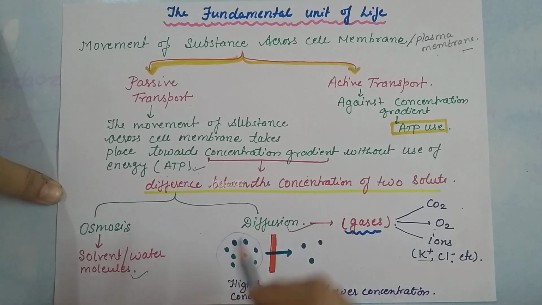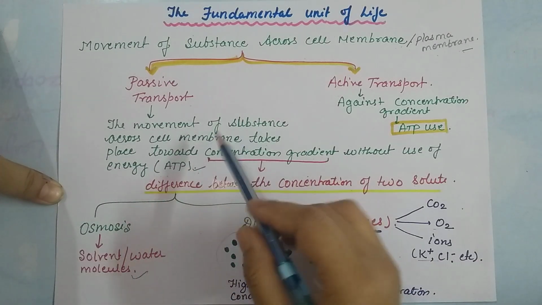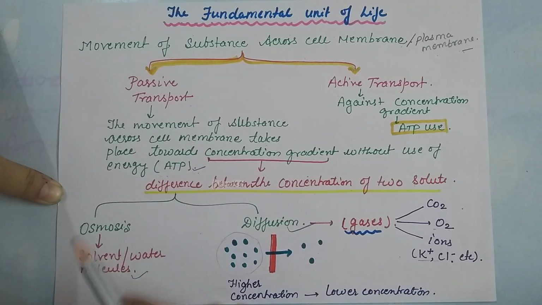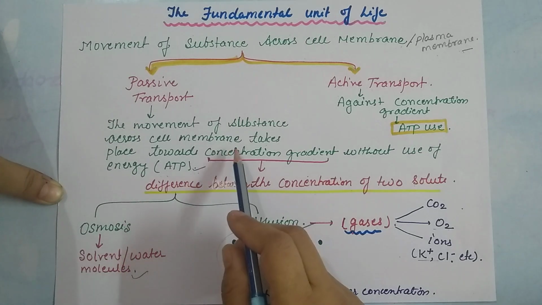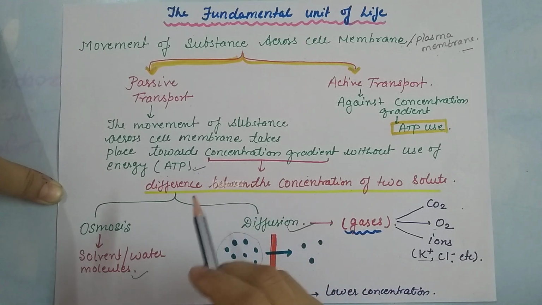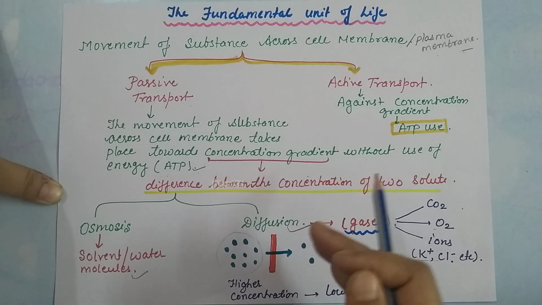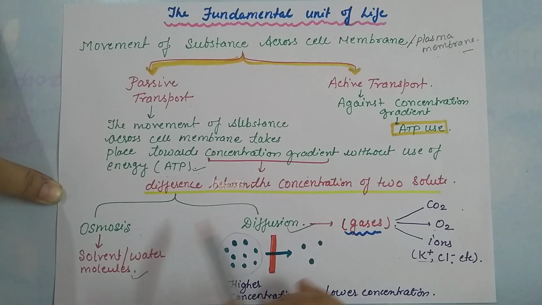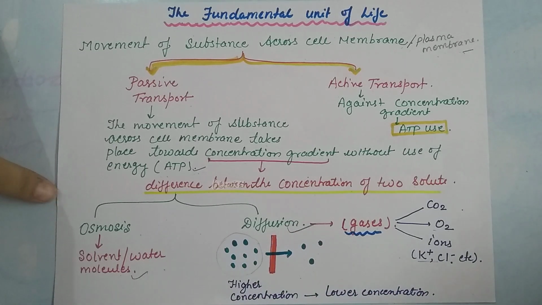So we have understood that in passive transport no energy is used during the movement of substances across the cell membrane, it follows the concentration gradient, and it is of two types, osmosis and diffusion. Diffusion we have understood. Now we are going to understand the osmosis process.